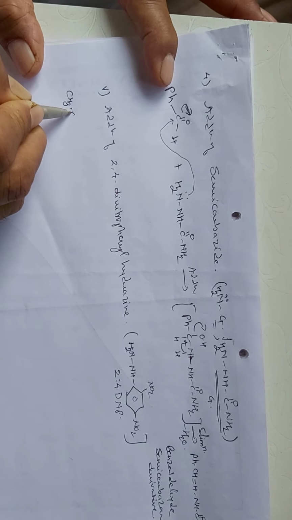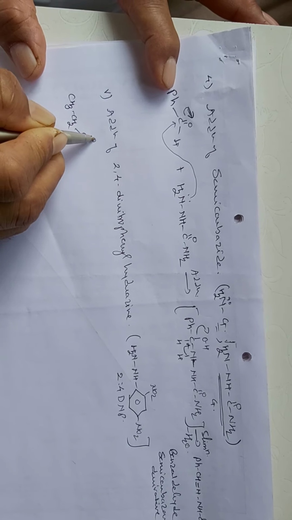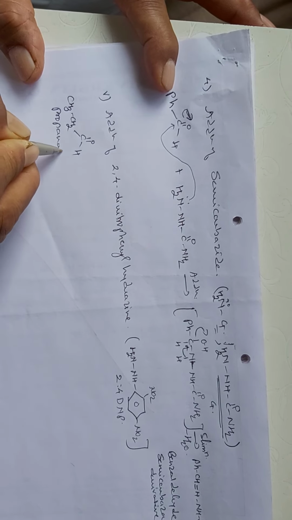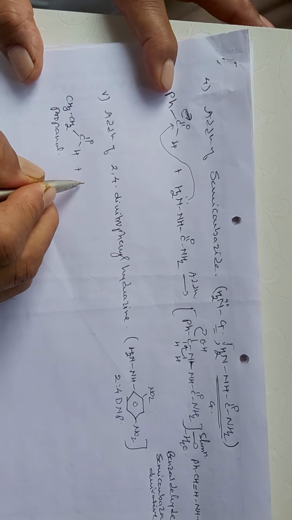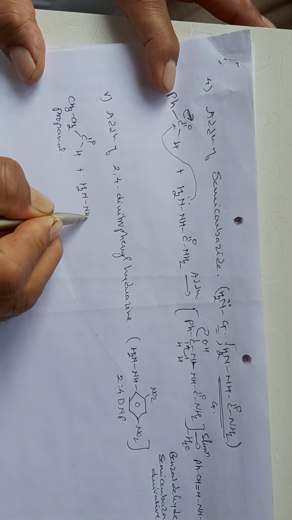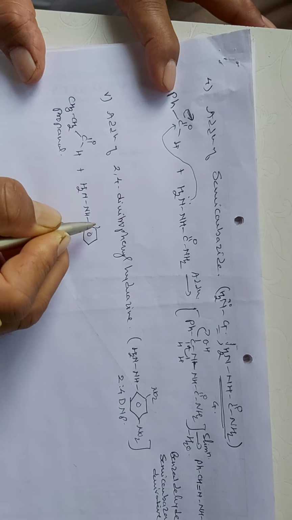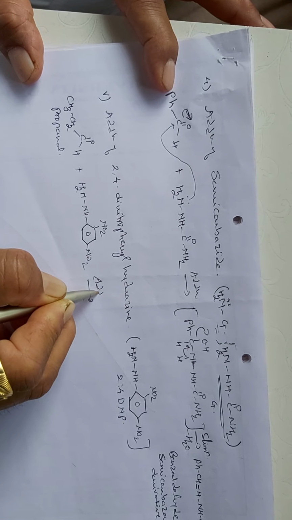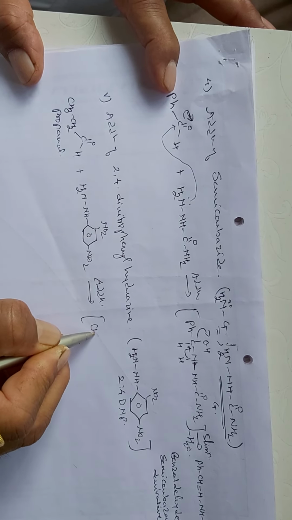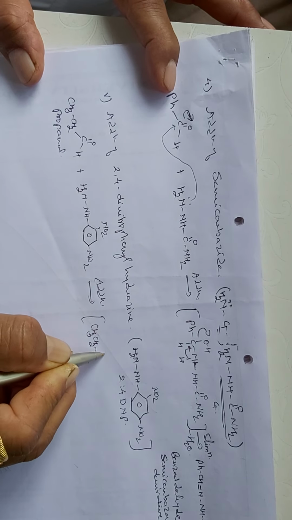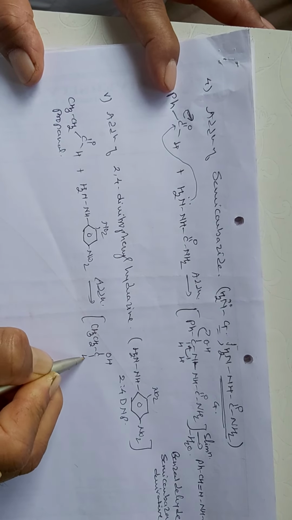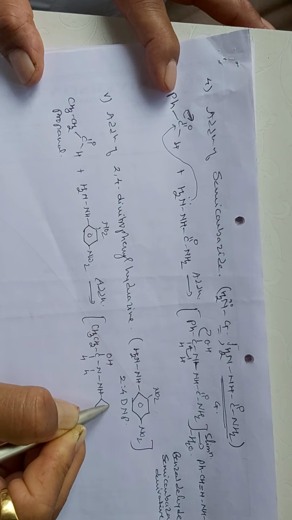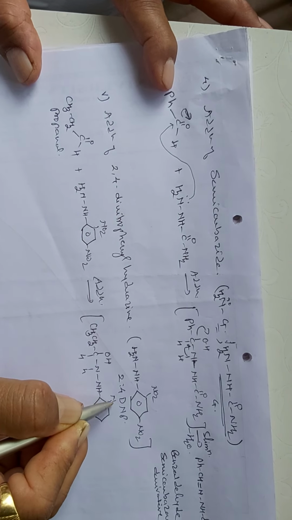Take CH3CH2CHO, this is propanal. Propanal on reaction with 2,4-DNP undergoes addition in the first step, and gives the formation of CH3CH2CH(OH)NHNH with the dinitrophenyl ring.